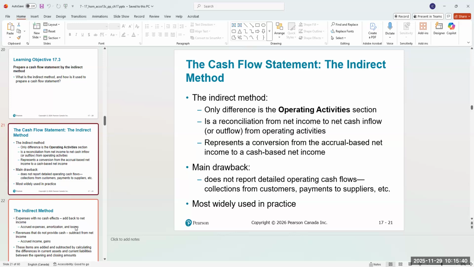Now, for accounting purposes, as you already know, in the net income, we include expenses which are accruals or deferrals. That means the cash is not involved. For that reason, we have to adjust the net income to exclude any expenses or revenues which are accruing in the net income, but have no relation with the cash.